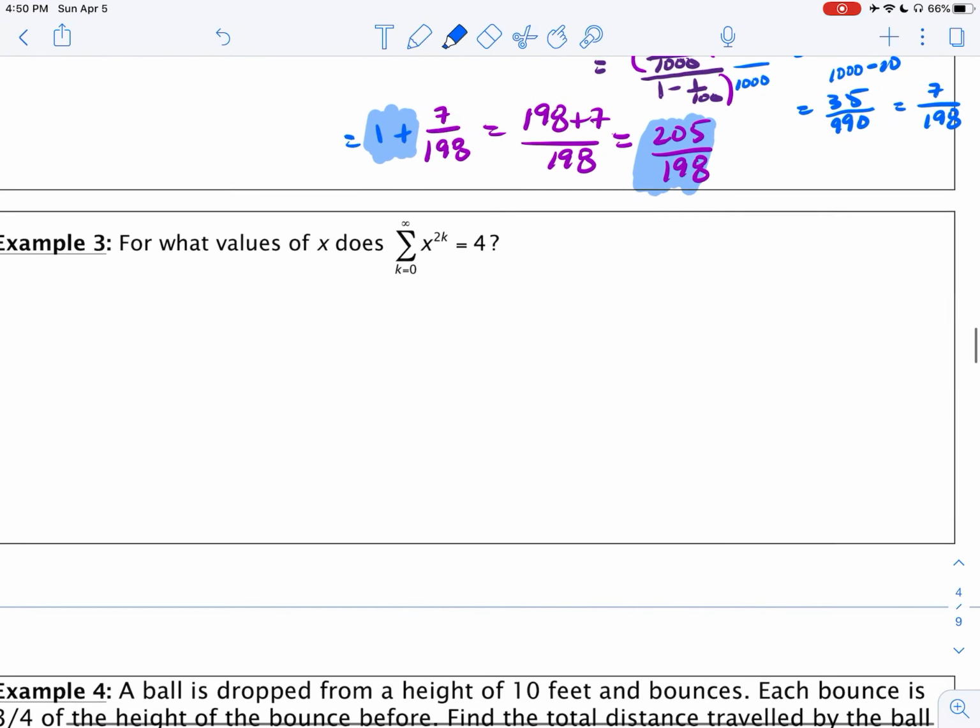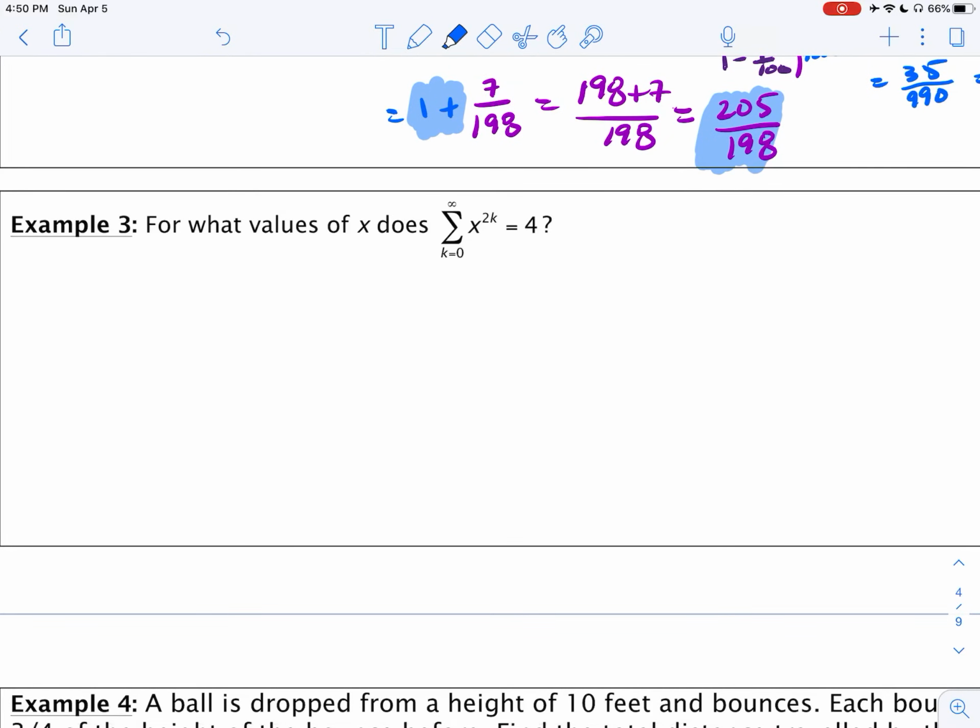This one: for what values of x does the sum of x to the 2k equal 4? So if I rewrite this, remember I see my k starting at 0. So I want the sum from n equals 0 of ar to the n to equal a over 1 minus r, and not r to the n minus 1.